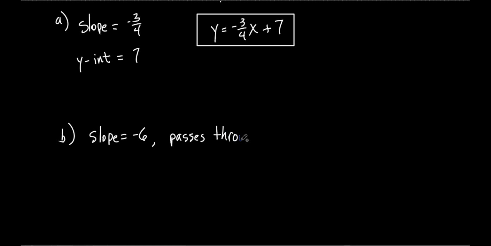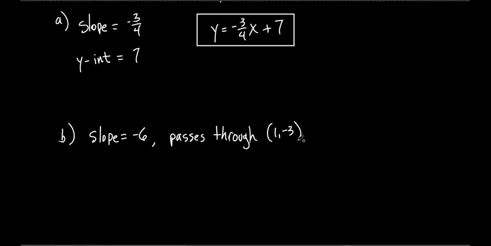Passes through doesn't mean it goes through the y-intercept. It doesn't say it's the y-intercept, but it goes through some point that lies on the line. That point is 1, negative 3. All right, it passes through the point 1, negative 3. And so what do I have to do?